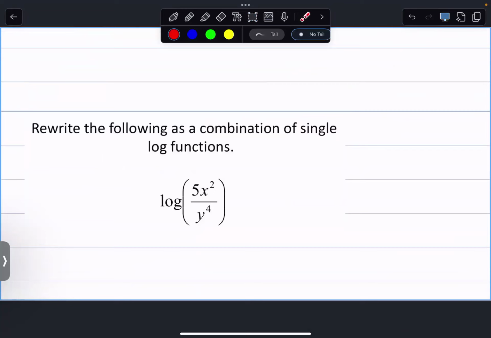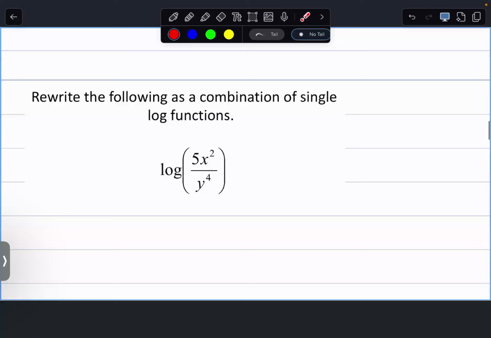We're going to write this single log as a combination of just, in my head, I call them kind of unit logs. So that doesn't make sense. That's not a technical term. But we want to rewrite them, right, and expand this. So here, expand.